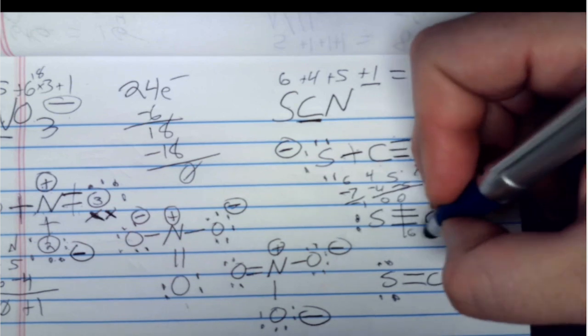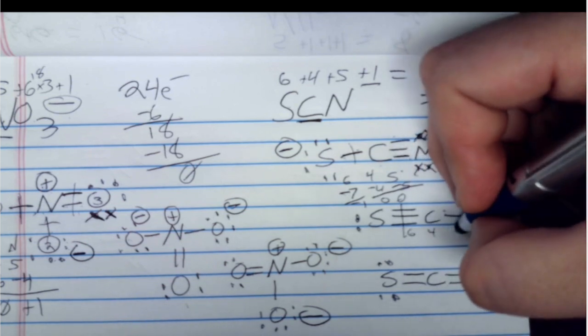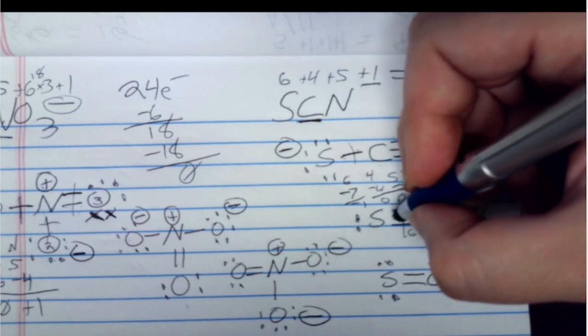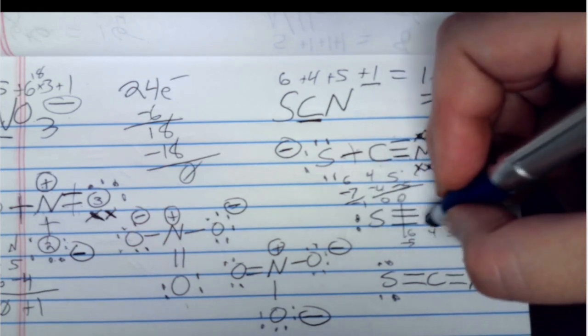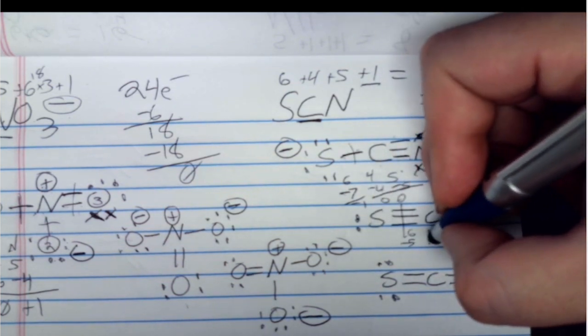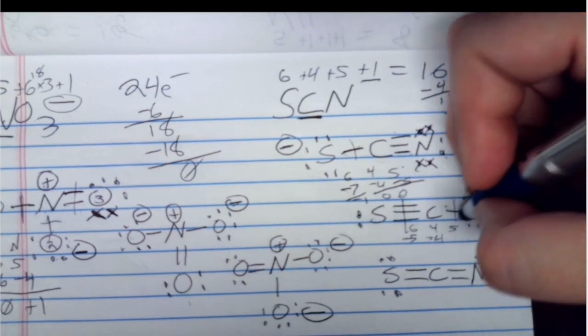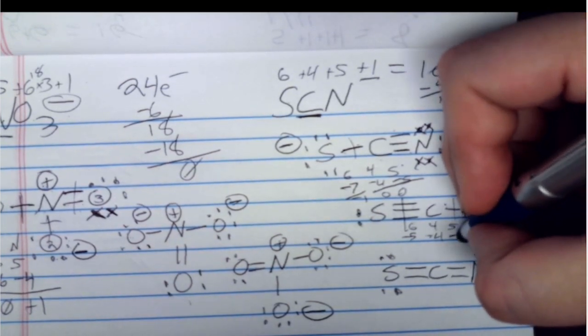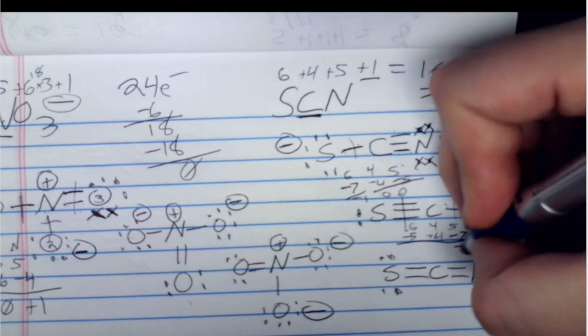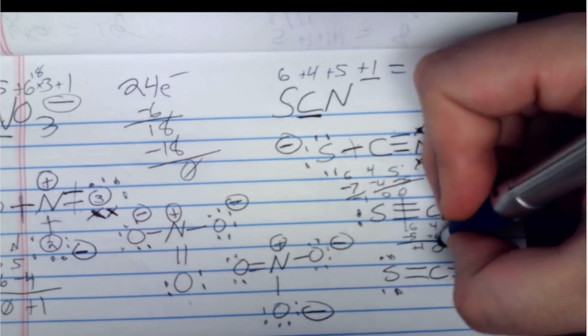This structure, 6, 4, 5. 1, 2, 3, 4, 5. 1, 2, 3, 4. And then 1, 2, 3, 4, 5, 6, 7. We have negative 2, positive 1, 0.